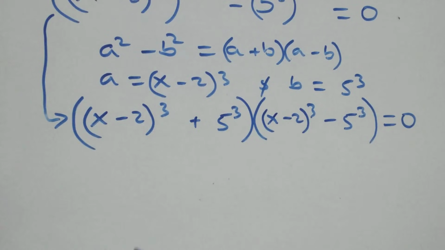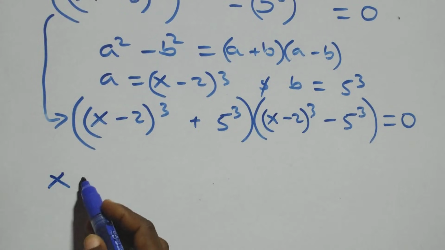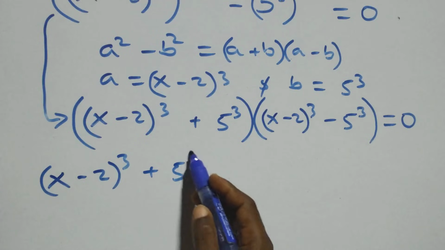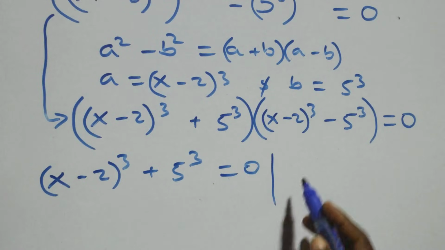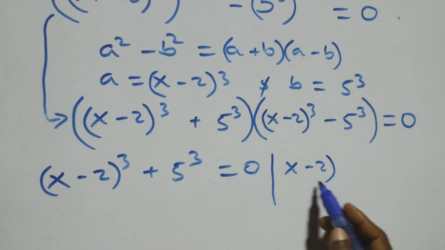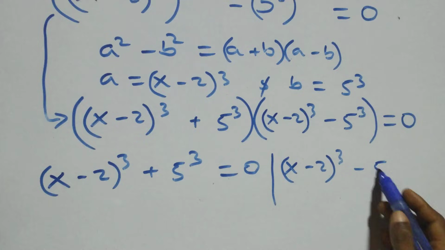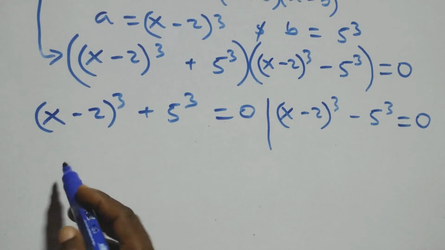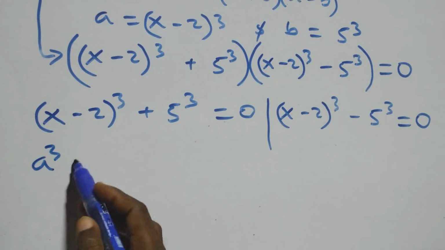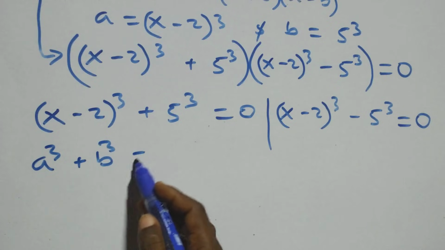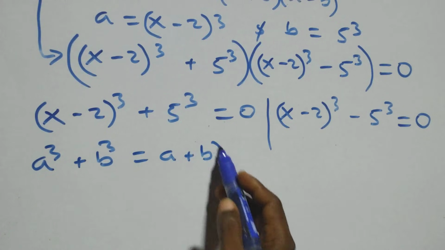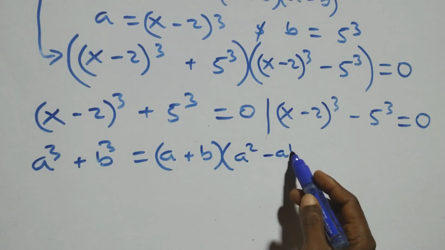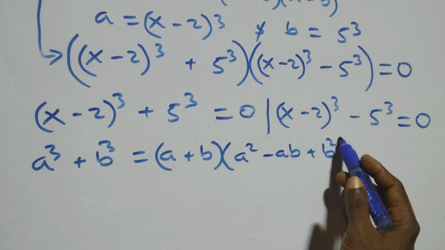Here we have two possible cases. First one, (x minus 2) all raised to power 3 plus 5 raised to power 3 equals 0, or (x minus 2) all raised to power 3 minus 5 raised to power 3 equals 0. Solving this side, this follows when we have a raised to power 3 plus b raised to power 3, which can be written as (a plus b) times (a square minus ab plus b square).